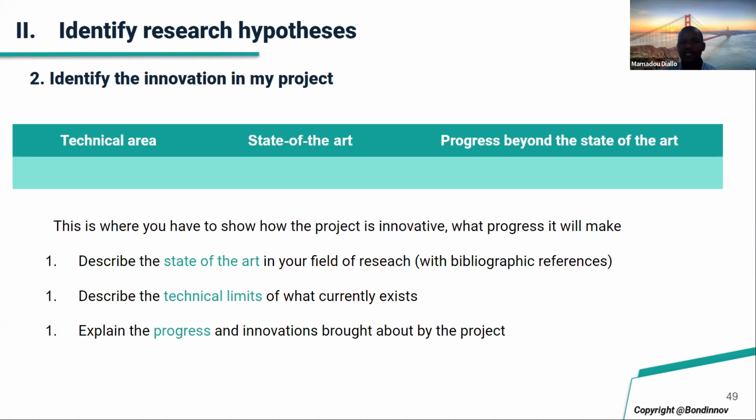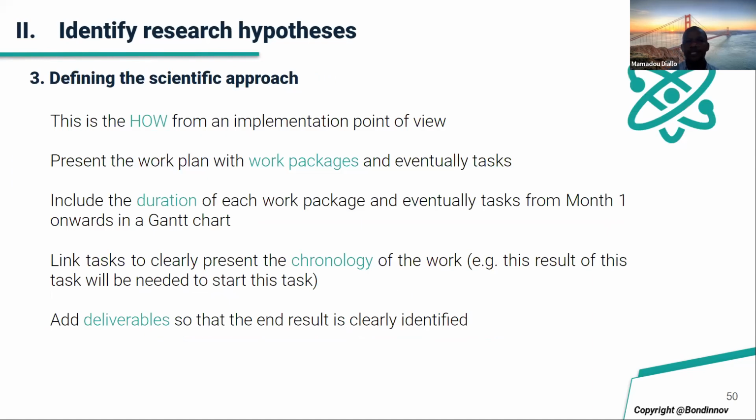I said that when you address such a question, look at whether you can improve or not. If you can improve, then go for it, and add other sources, other causes that you can take into account. So describe the technical limit of what currently exists. Explain the progress and innovation brought by the project. So still in the scientific approach, this is the how from an implementation point of view.